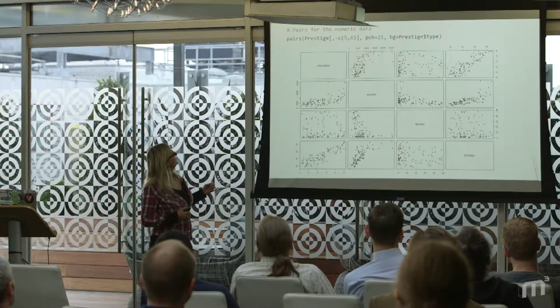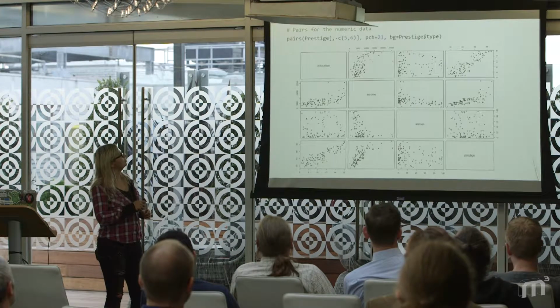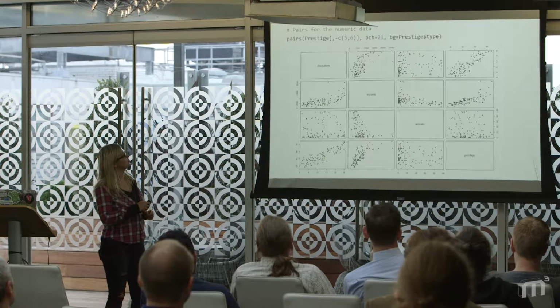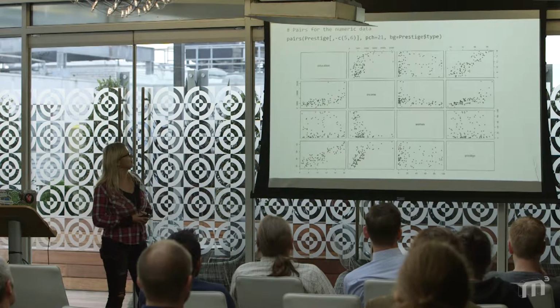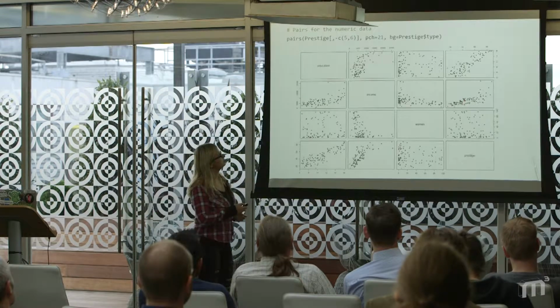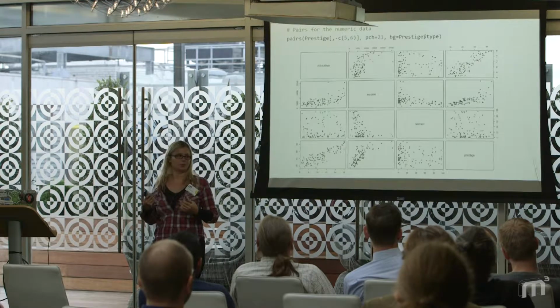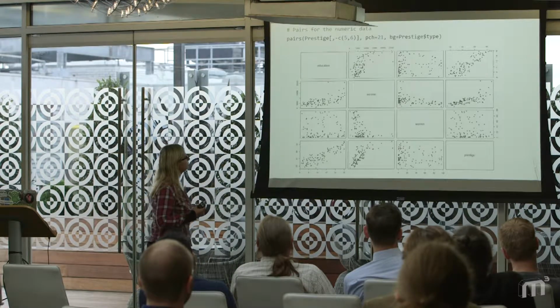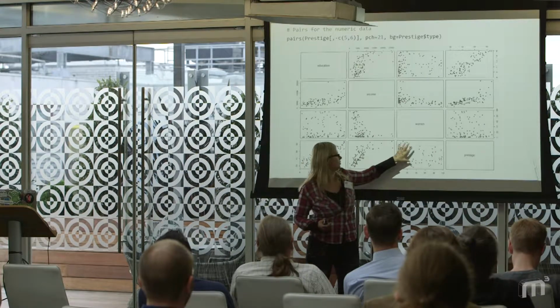And I did the pairs function, you can see it here. So I said, use the pairs of prestige and plot it. And those colors you can see, those are the types: blue collar, white collar, and professional. So what I can see when I look at prestige is that maybe women don't matter that much.